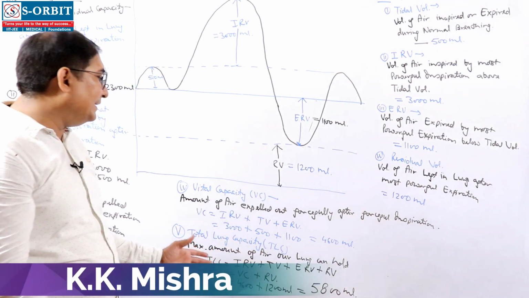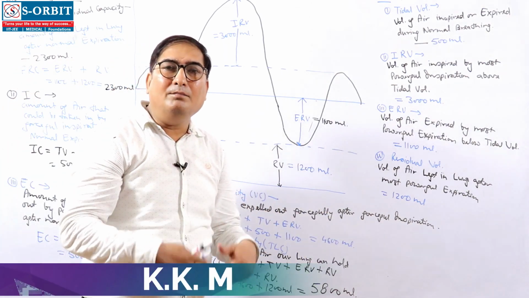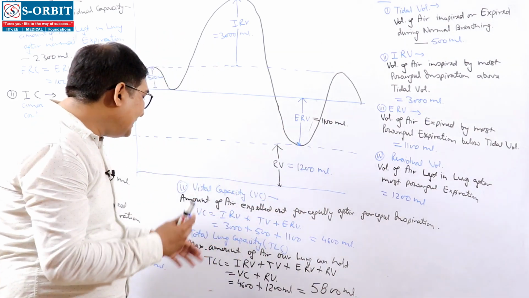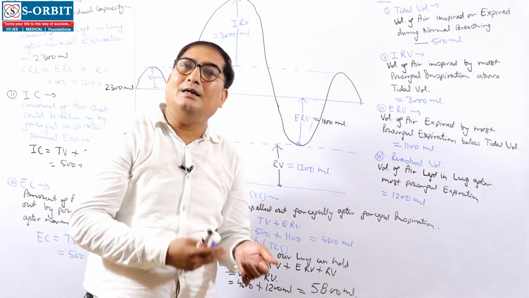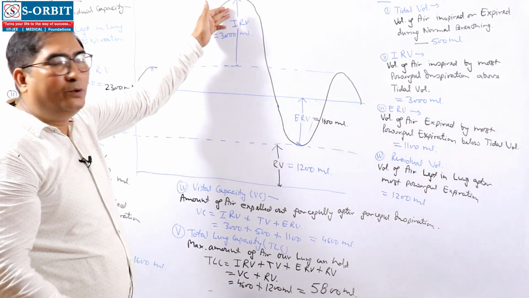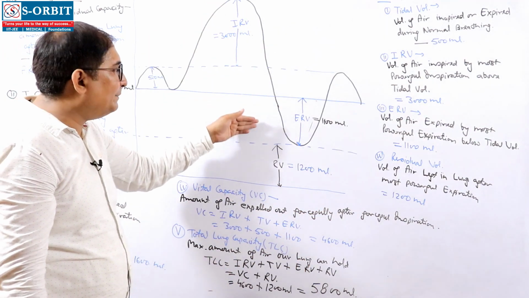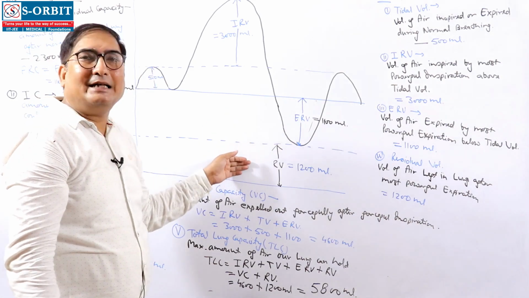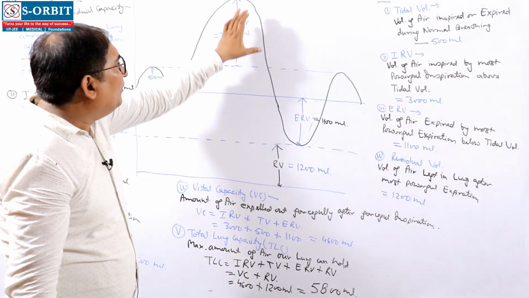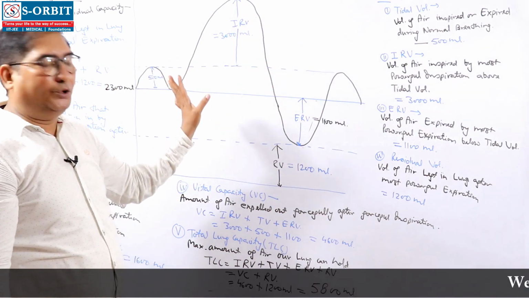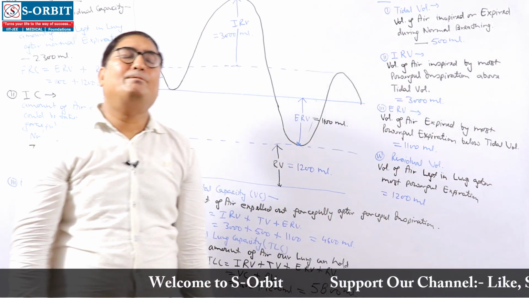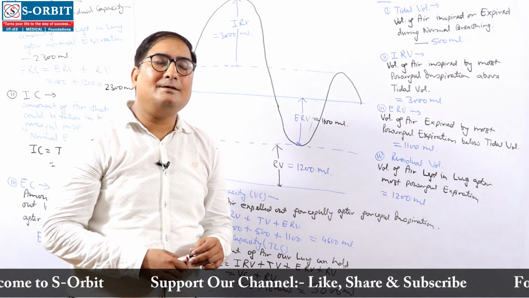The total lung capacity is the maximum air holding capacity of lungs, or maximum amount of air our lungs can hold, which comes out to be inspiratory reserve volume plus tidal volume plus expiratory reserve volume plus residual volume, and these are actually vital capacity plus residual volume, that comes out to be 5800 ml. So these are volume and capacities of lungs.